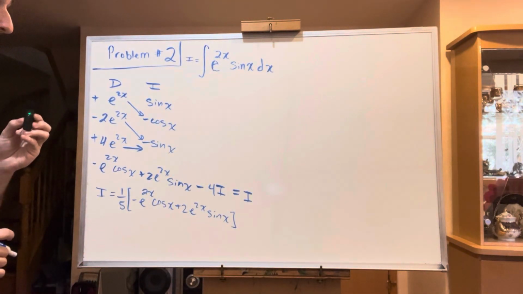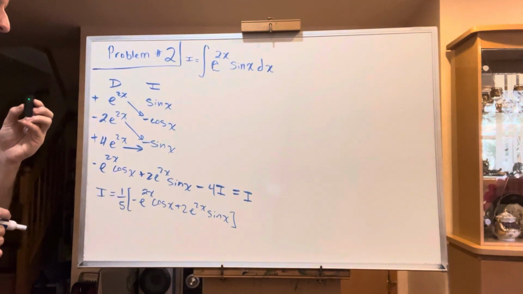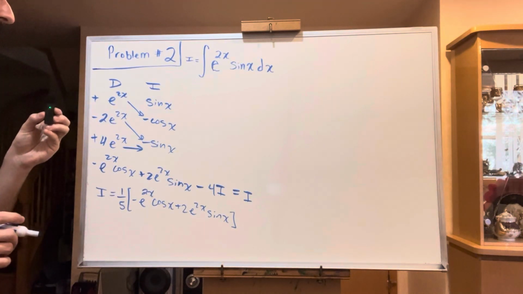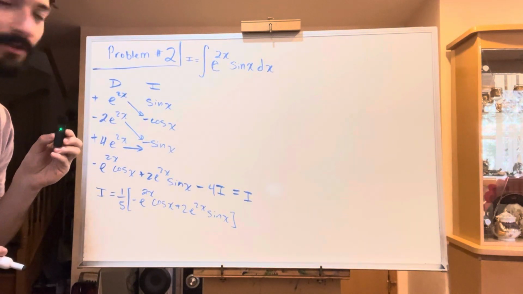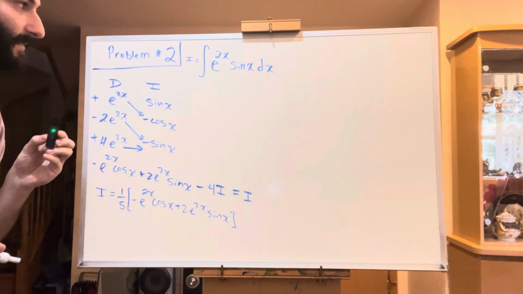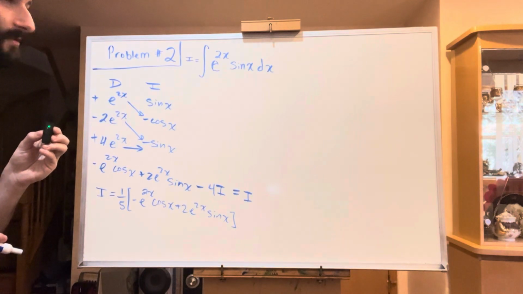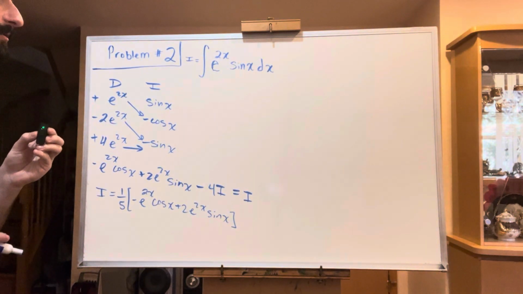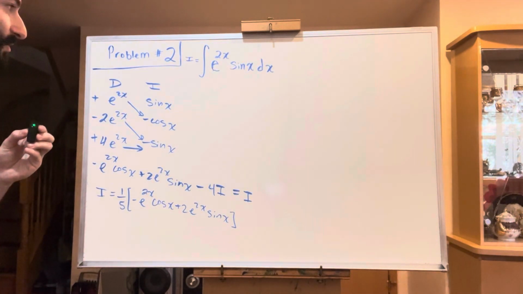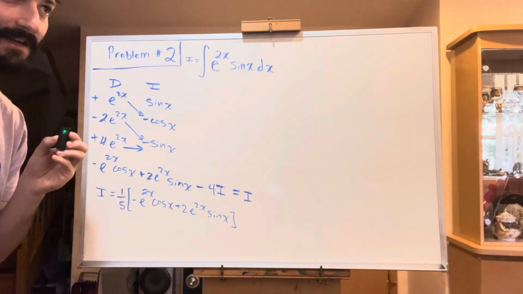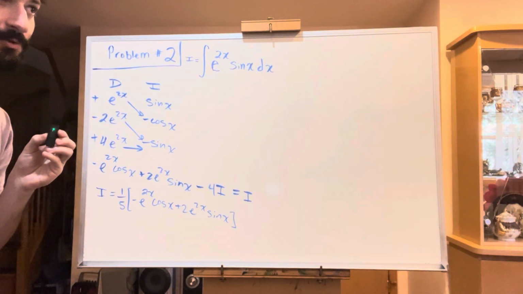Now let's see what happens when we set d equal to sine of x. You'll make the decision for yourself what you think is easier, if you prefer one over the other, or if you think they're about the same difficulty. At the end of the day, you solve problems at whatever pace and whatever technique you like.